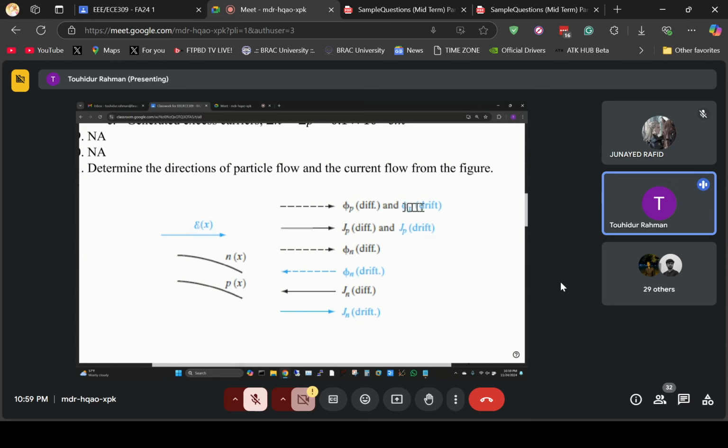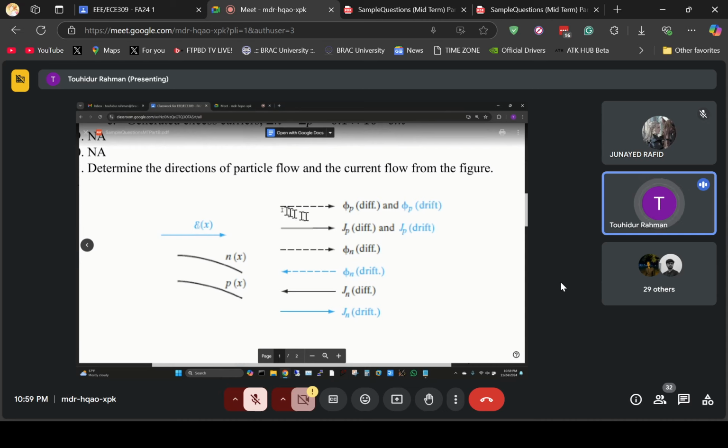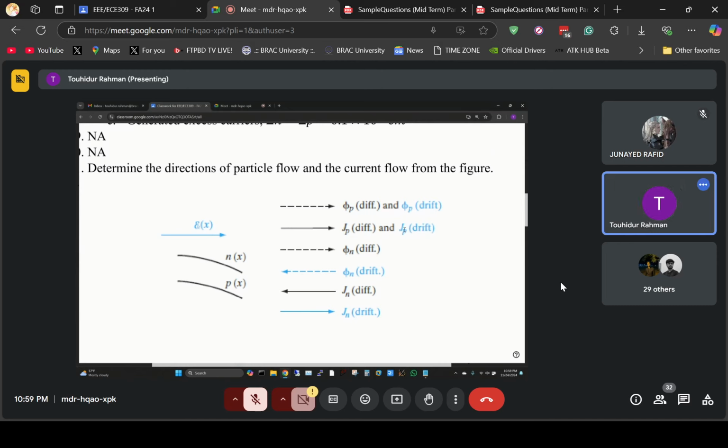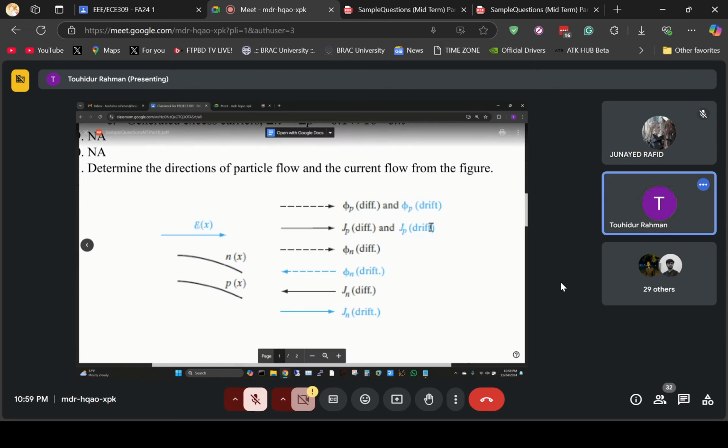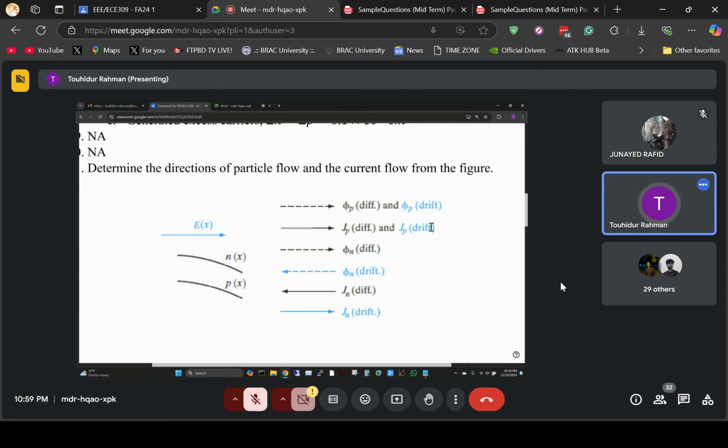Drift of holes is from left to right. That means drift current of holes will also be from left to right. So we are done with holes. Is it clear for you?